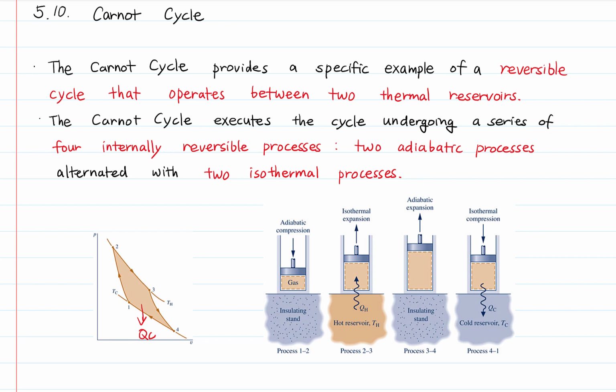Imagine that the system is in direct contact with the low temperature reservoir. The work is done on the system, causing the piston to compress, and the specific volume decreases from V4 to V1. And this completes the cycle.